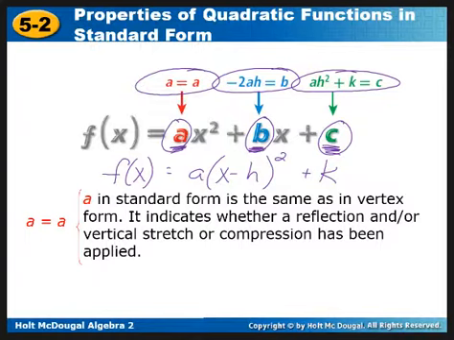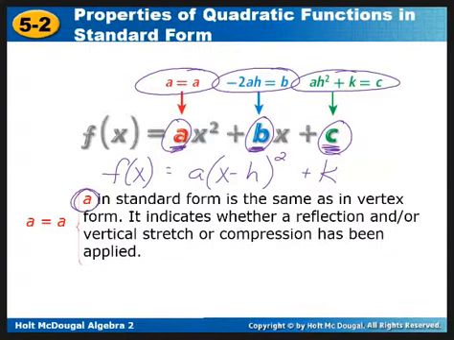Okay, so first things first, right here, the A, this is just telling you that in standard form, the A represents the same thing that it did in vertex form. Basically what that means is if it's positive, your parabola is going to open up. If it's negative, your parabola is going to open down. It serves the same purpose.